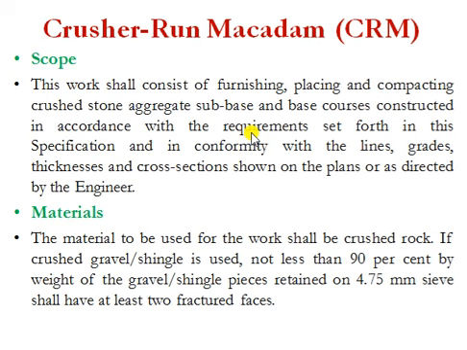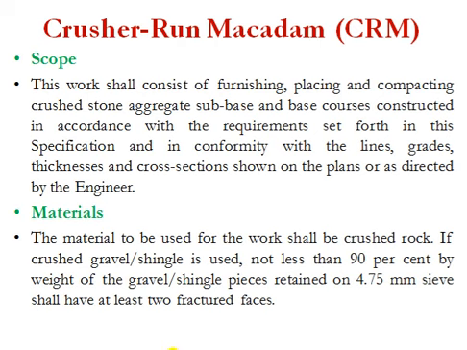All this is done by the specification given in the contract, or as per the instruction of an engineer. After doing all this, the crushed stone aggregates are furnished, placed and compacted over this already prepared base or sub-base course.